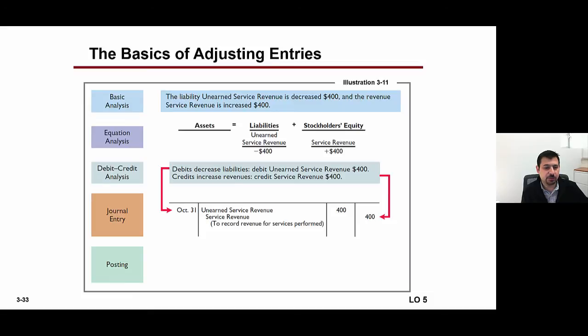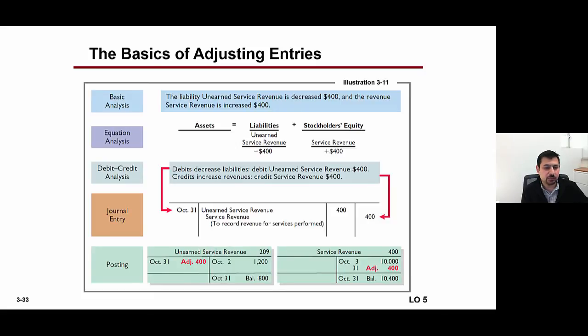Once we make the adjusting entry, and this is to record revenue, the explanation would be to record revenue for services performed. The analysis would be unearned service revenue was debited $400, service revenue was credited $400. As you can see also in the adjustments, once again, the amounts for debits and credits are equal.